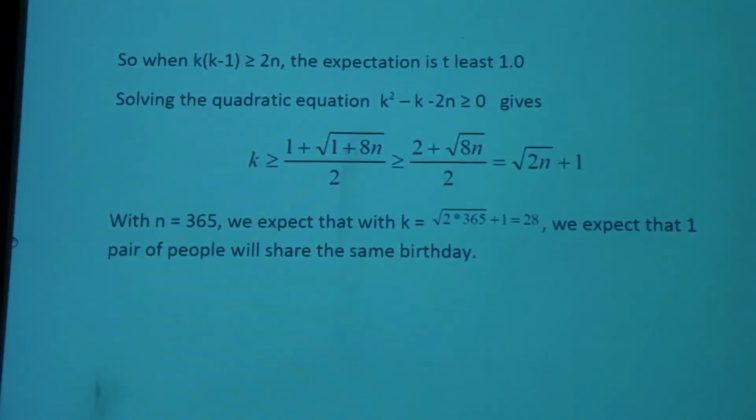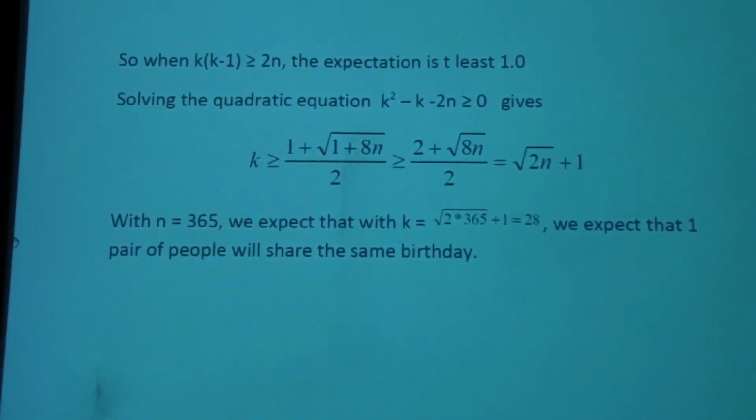So with 365, we expect that with k equal to 28, two people will have the same birthday. Now we didn't quite hit it until 30, but that wasn't so much above 28, right?